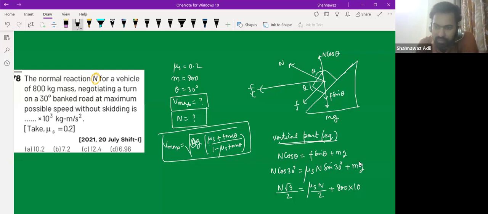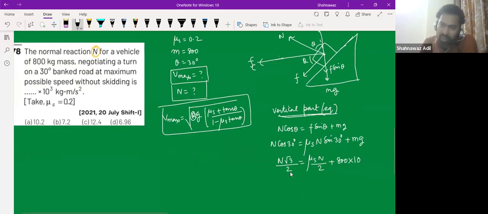So N root 3 by 2, and mu s is 0.2, and N by 2, and then plus 800 into 10, which is 8,000.